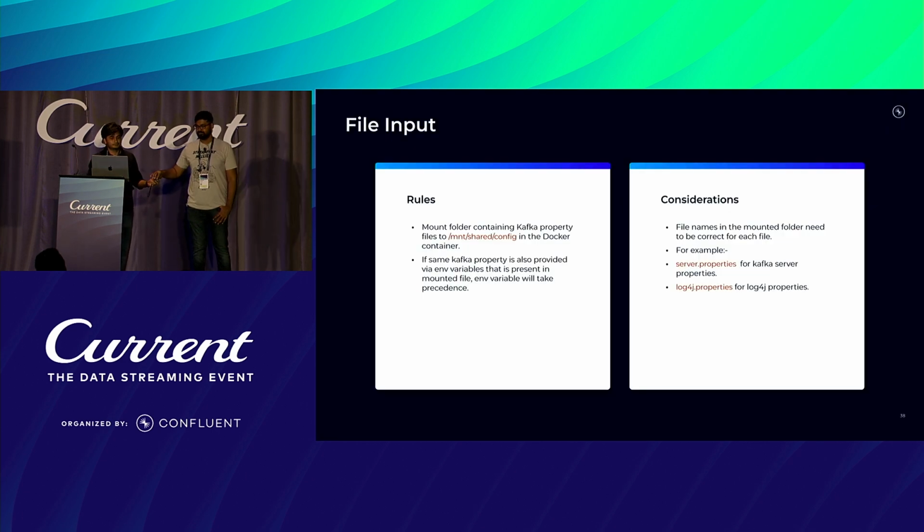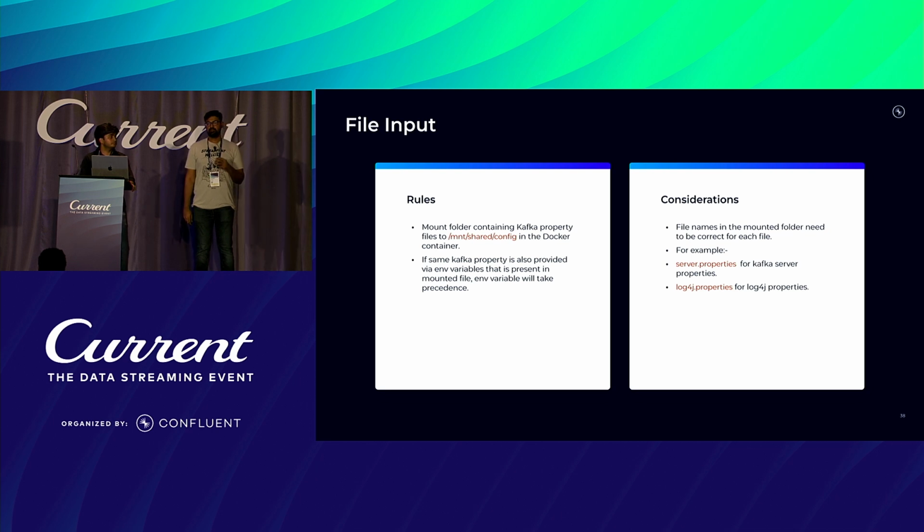All right, let's talk about the second way to pass configs to our Docker image. File input is a relatively straightforward way of doing things, where we just need to mount the folder containing our Kafka properties on /mnt/shared/config of the Docker container, and it will just work.